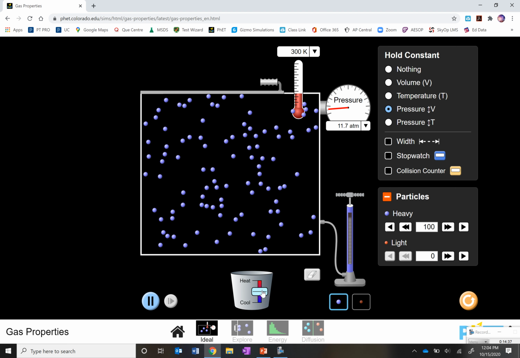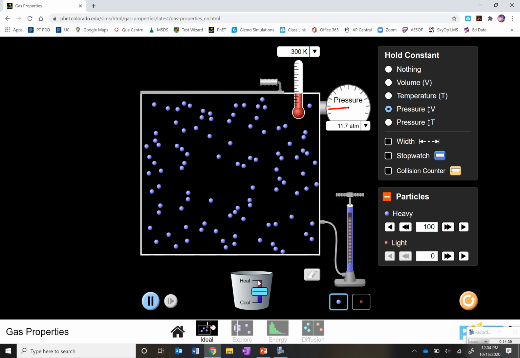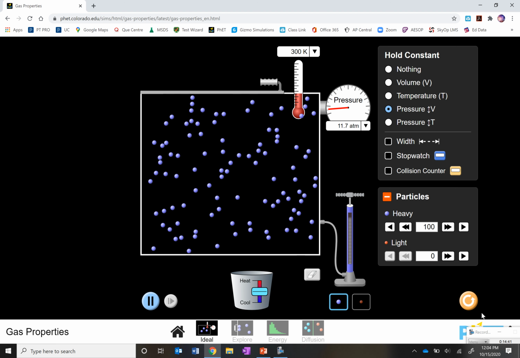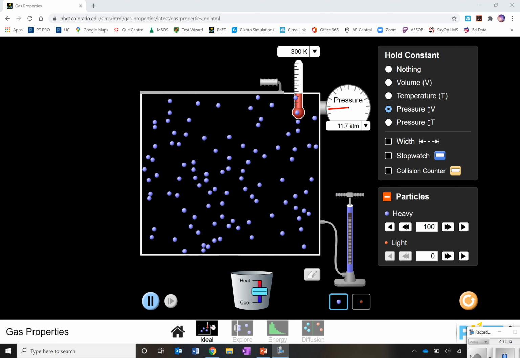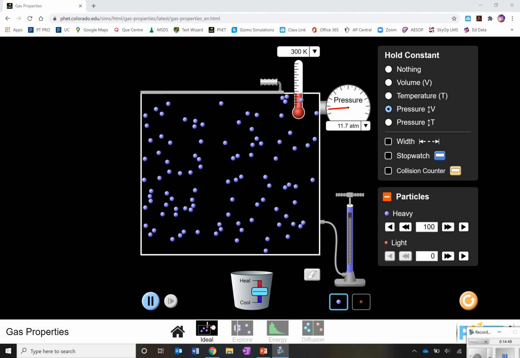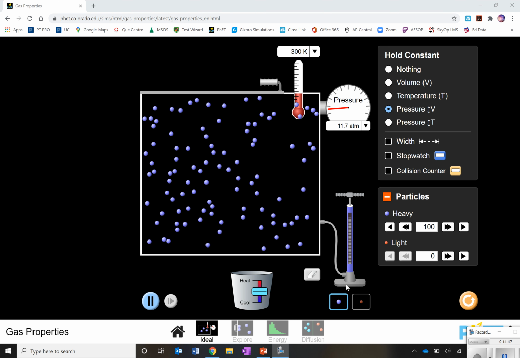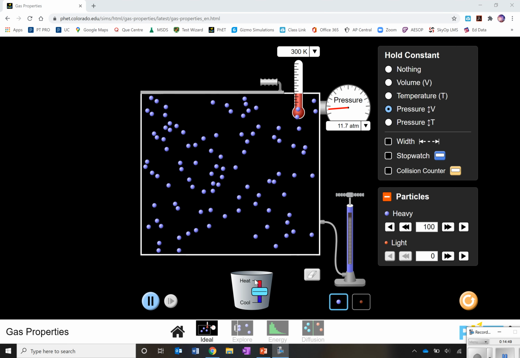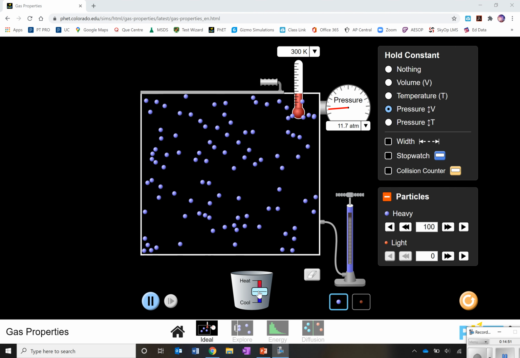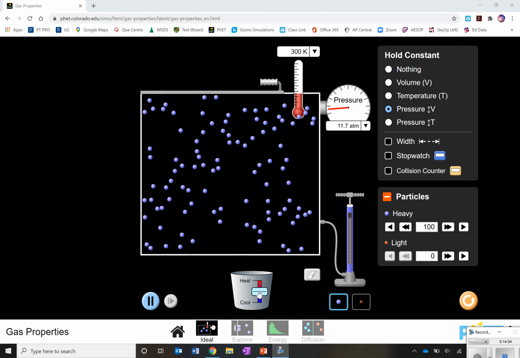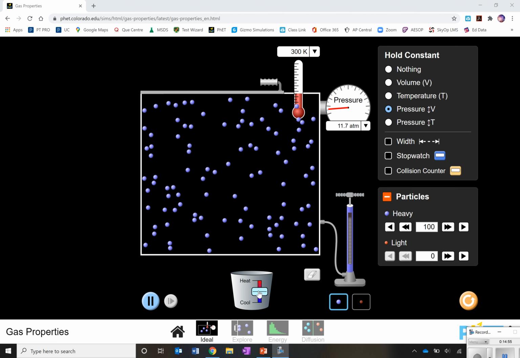Now, if we add heat to this gas, we increase the temperature, Charles' law says that the volume should increase as well.